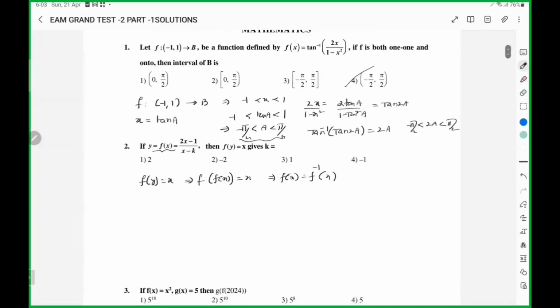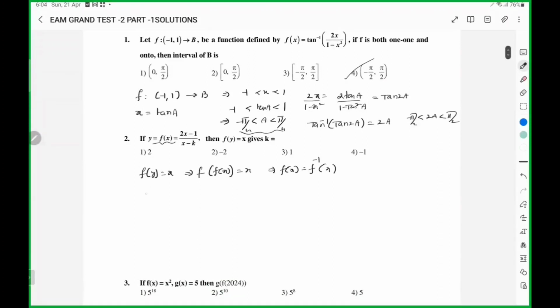For finding the inverse, what we have to do is express x in terms of y. x into y minus 2 is ky minus 1. x is ky minus 1 by y minus 2. x is nothing but f inverse y.